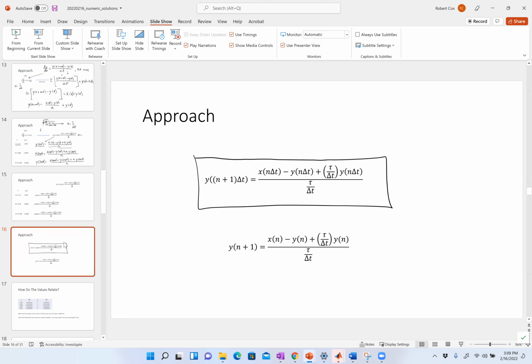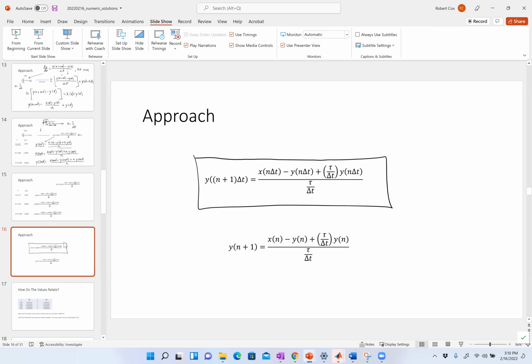It's basically saying the value at the next time step, the n plus 1th time step, is predicted by the nth time step. So if I know all the values at time n delta t, I can figure out the value at n plus 1 times delta t.